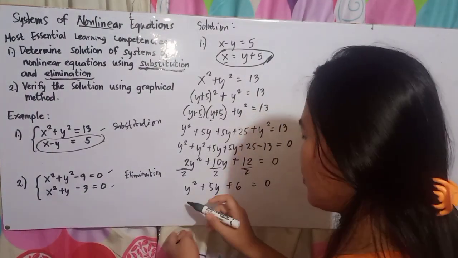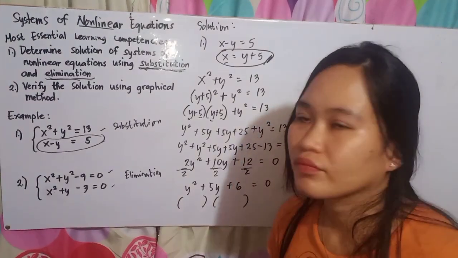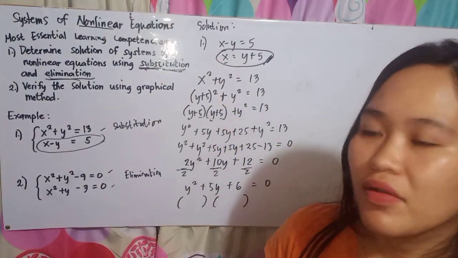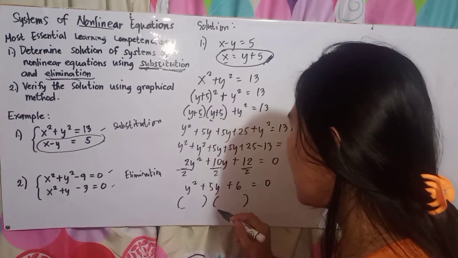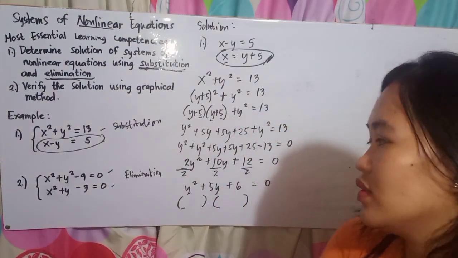So, next is we factor it out. Think of a variable that, when you multiply, the result is y squared.